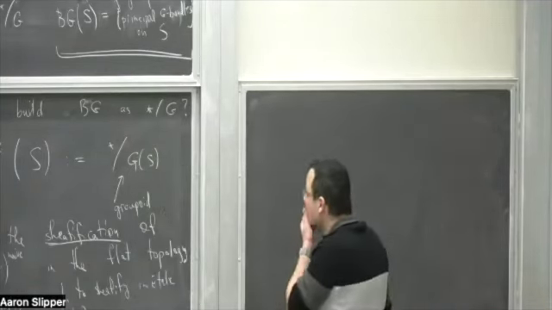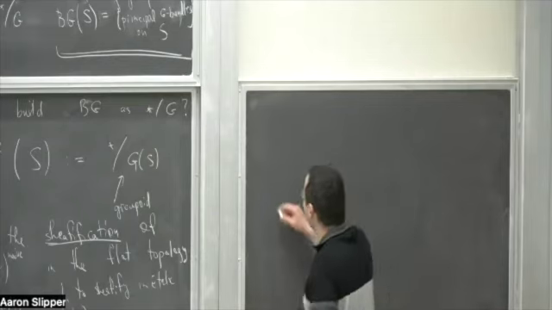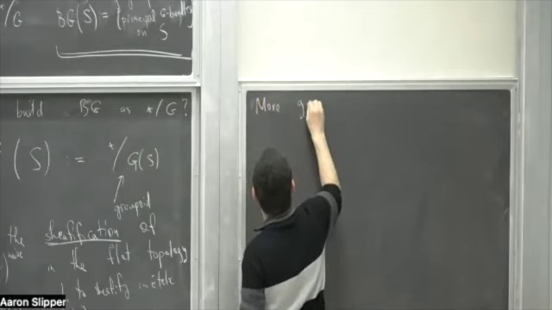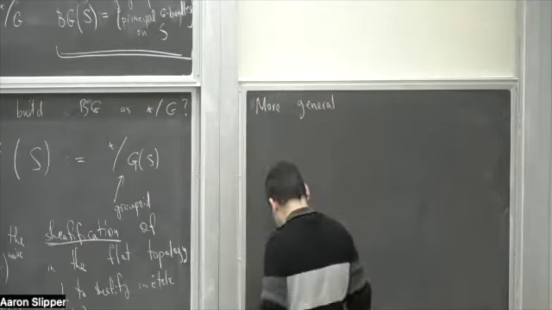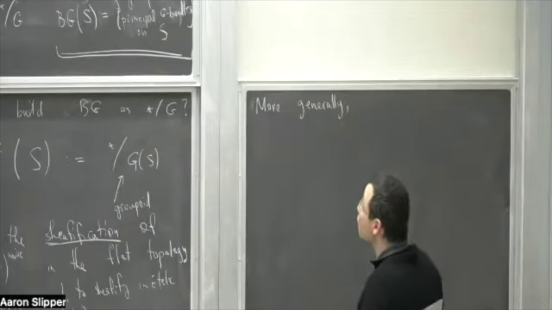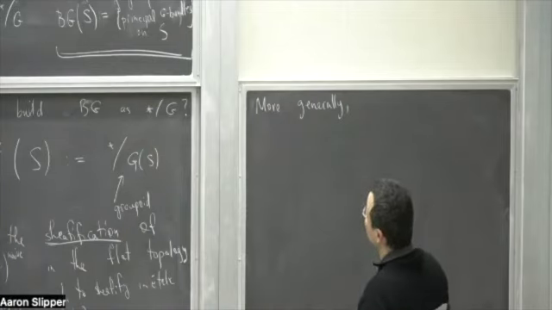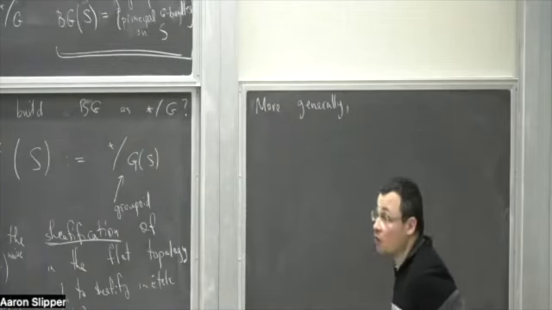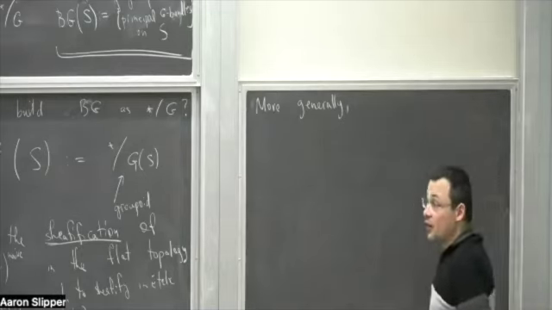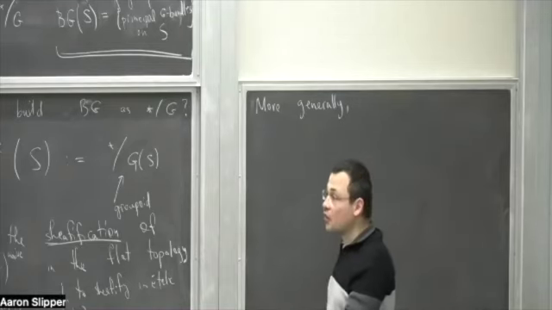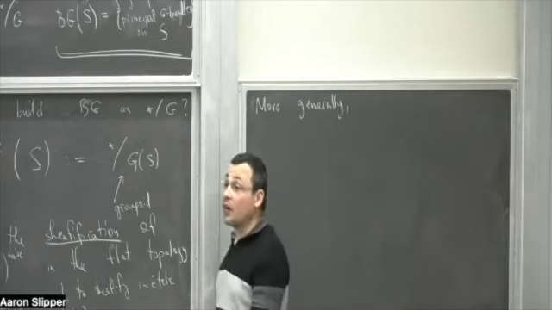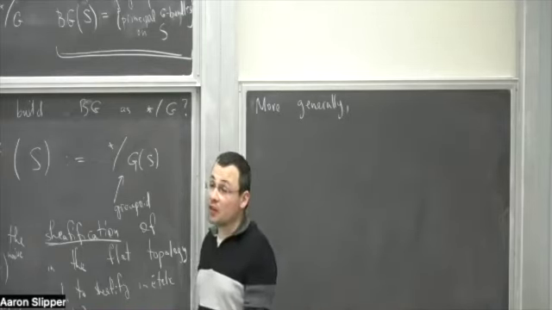A fundamental example. More generally, I should have said this in the beginning. One of the advantages of this functor of points point of view, even just on schemes, is that if you think back to your schemes class, you probably spent a lecture or two constructing fiber products, or even Cartesian products.